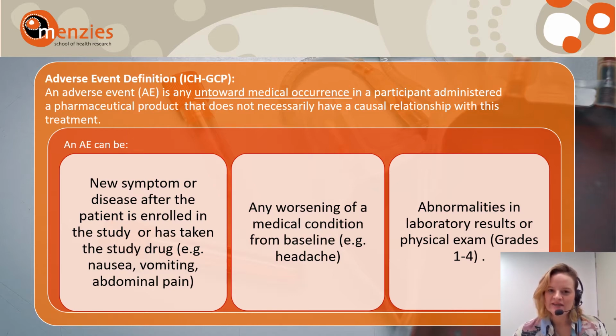An AE can therefore be a new symptom or disease after the patient is enrolled in the study or has taken the study drug. For example, nausea, vomiting, abdominal pain. Also, any worsening of a medical condition from baseline, for example, headache, and abnormalities in laboratory results or in a physical exam.